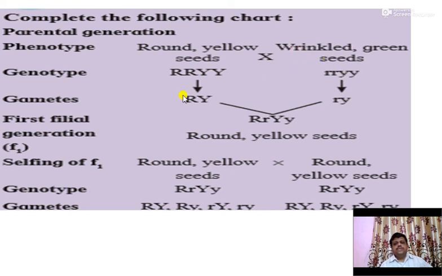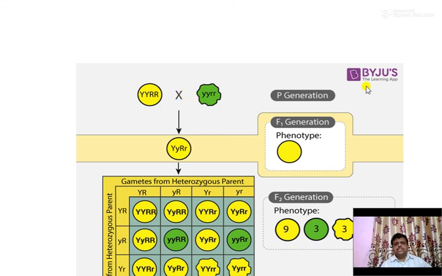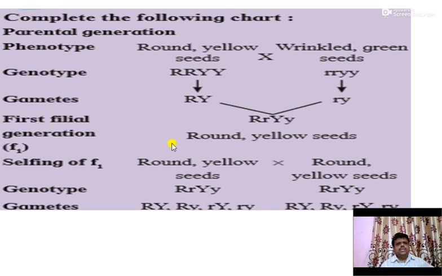Then the gametes are produced like this. In this dihybrid cross, the gametes produced would be dominant R and dominant Y. In case of the wrinkled green seeds, the gametes would be recessive r and recessive y.